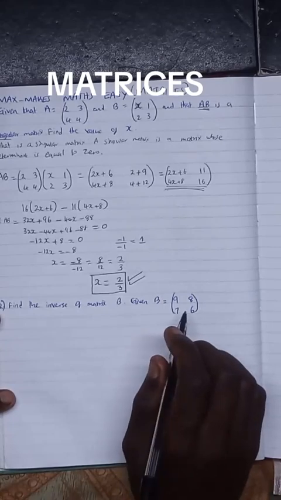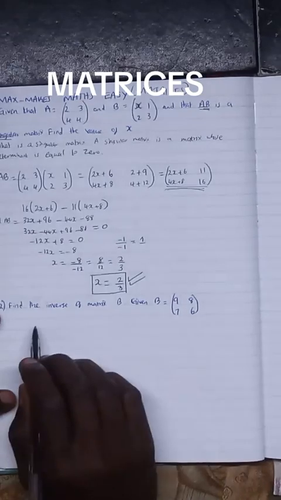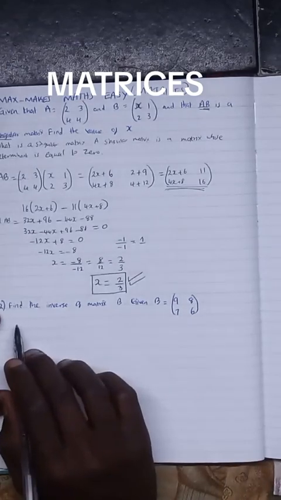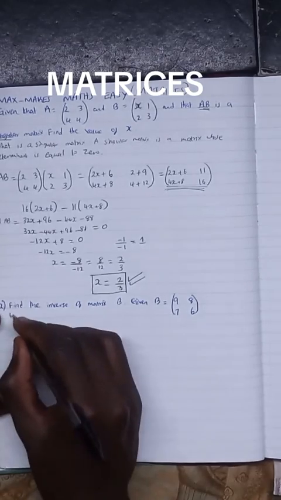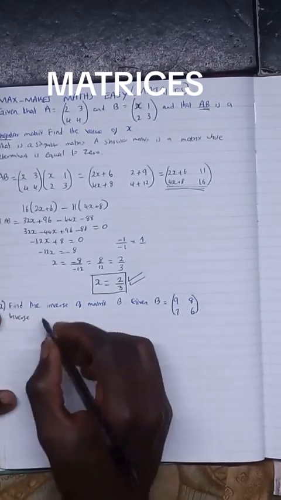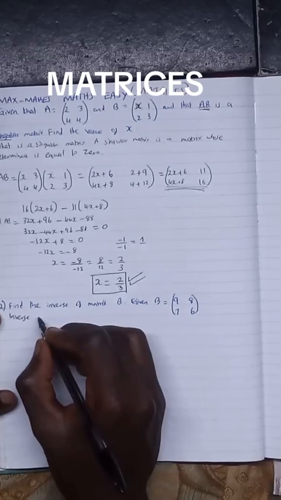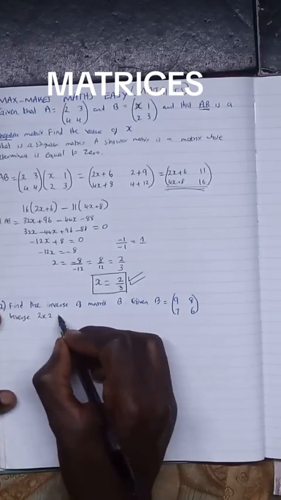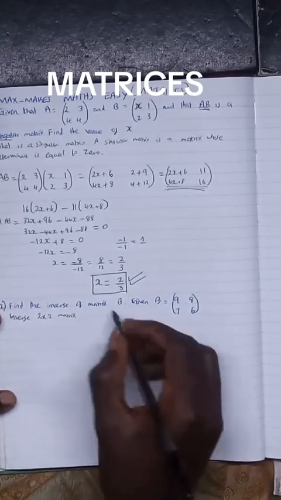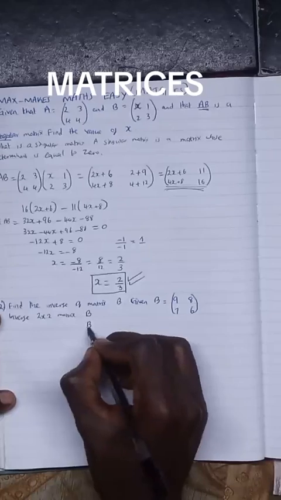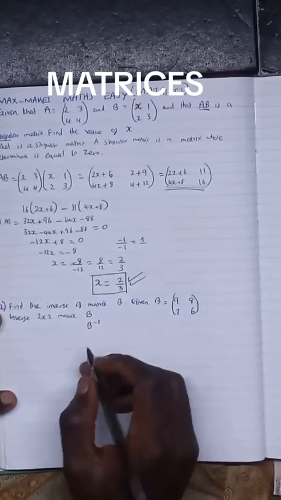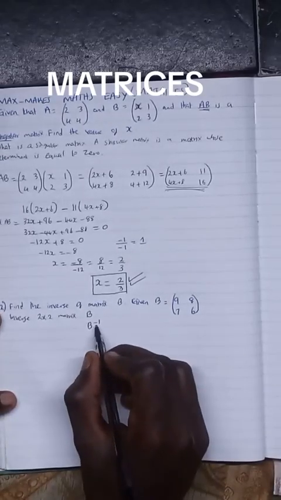In finding inverses, I remember I did a video on how to find the inverse of a 3 by 3 matrix, and today we are going to find the inverse of a 2 by 2 matrix. If you are given B, the inverse of B is written as B inverse with a superscript of -1.